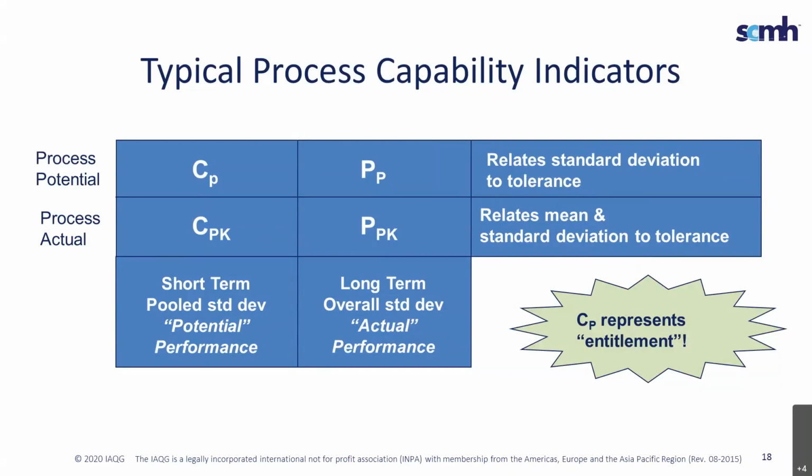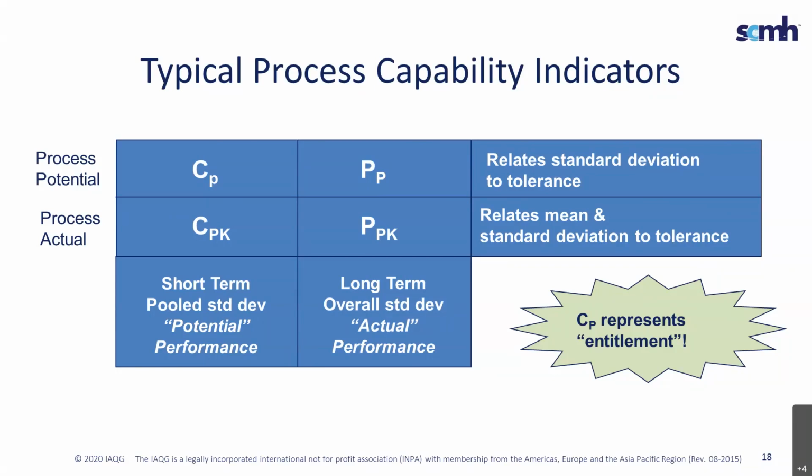A lot of people call that the process potential. So if it was centered, this was the best it would be. On the other side, once you add that little sub K for CPK or PPK, you're getting to the actual process capability. And again, it's where you actually look at where the mean is in reference to the spec limits. So therefore, you get an actual process capability.